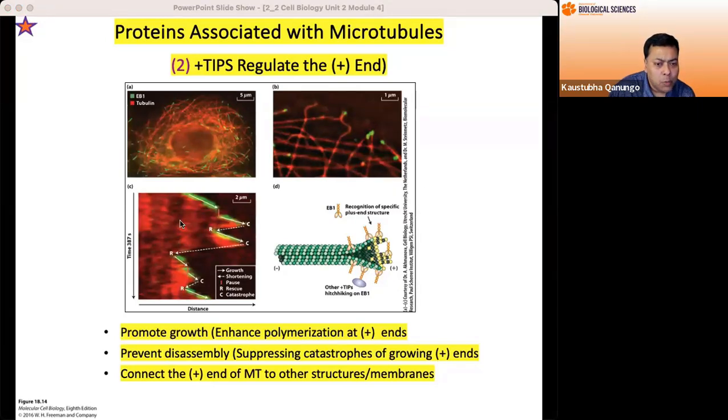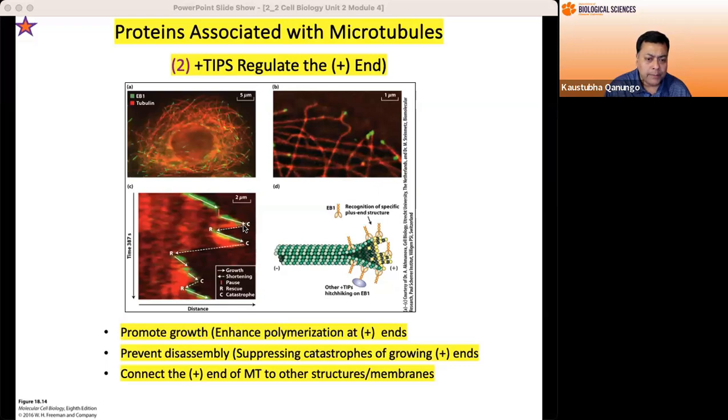So what we're seeing is what is called a kymograph. And when you see these green structures, we see that in here you have a growth. See that this solid line is a growth right here.